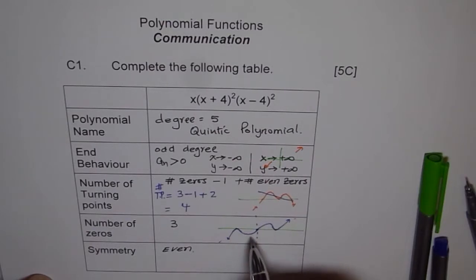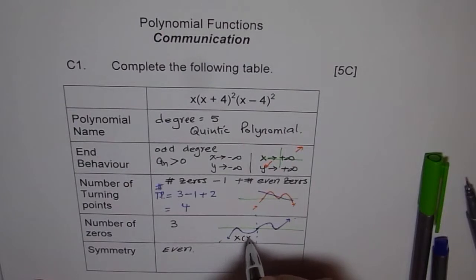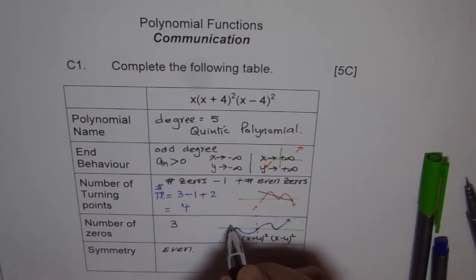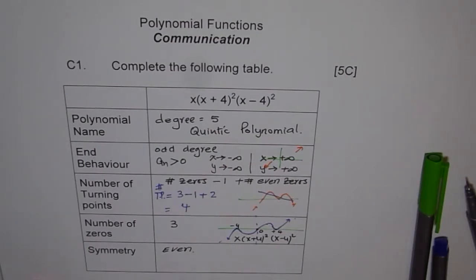You see? From here you can count the number of turning points. 1, 2, 3, 4. So that makes it all. So this is for our function x times (x plus 4) whole square times (x minus 4) whole square, right? This is at 0 and this is at minus 4 and this is at plus 4, correct? That's our graph.